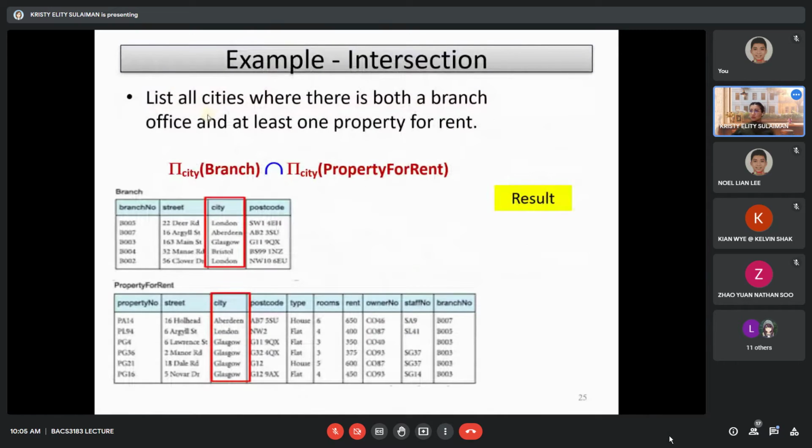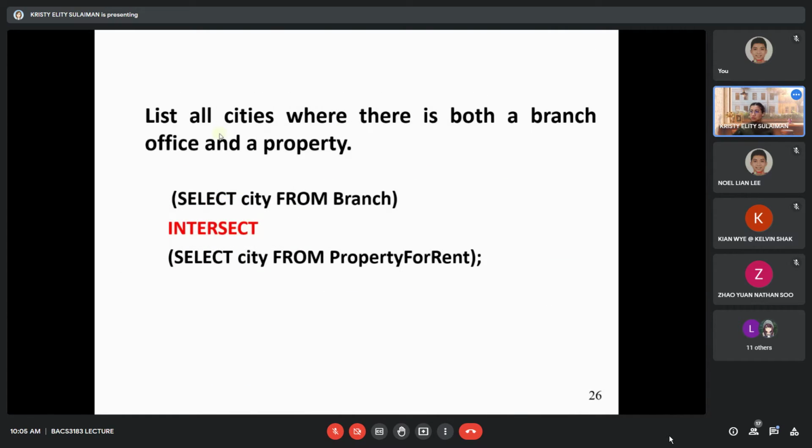From here for DC, we want to list cities where there is both a branch office and a property for rent. So union is or, it's either have or don't have.